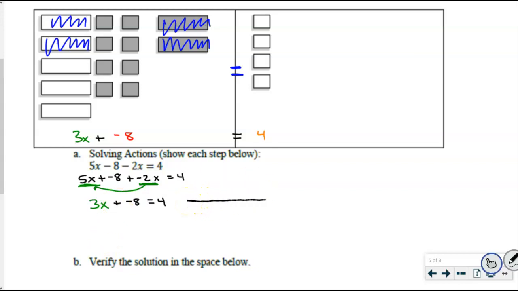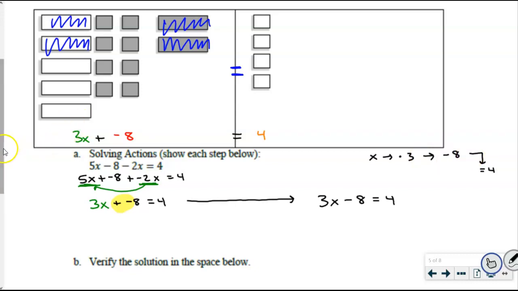Now, I'm going to switch gears for just a second. I've talked about this a lot. Now that we've changed our subtraction to adding a negative, if I would like to, and I do encourage you to, you can change your adding a negative back to subtraction. Can you make a flow map of this now? Yeah, because what's happening to x? Multiplied by 3 and then subtract 8. So we can make our flow map now.